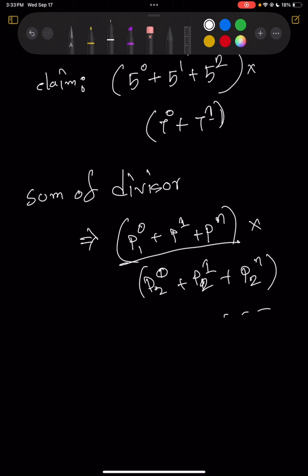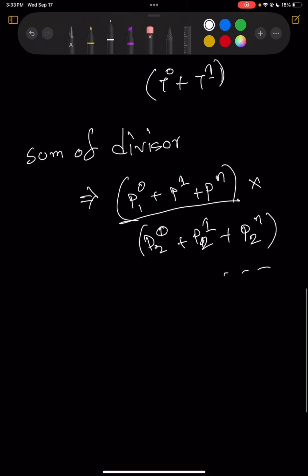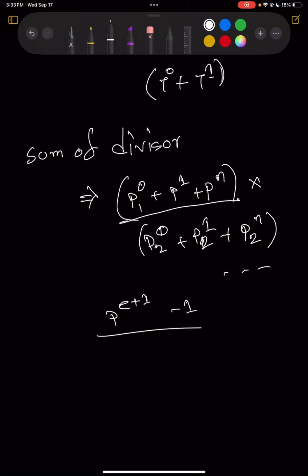This is just a geometric series, so we can write each factor as p to the power e plus 1, minus 1, divided by p minus 1. Just forget about it.